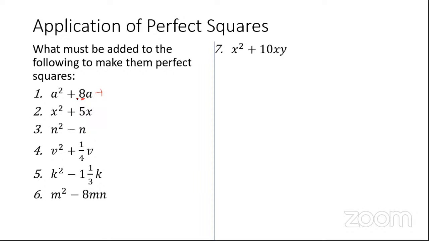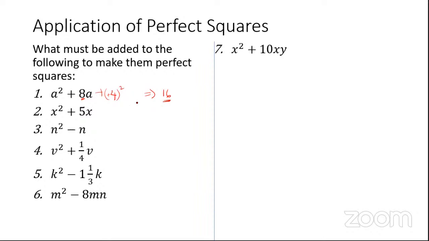Half of plus 8 is plus 4. Square plus 4, that is 4 squared, and that will give us 16. So it is 16 that must be added to a squared plus 8a to make it a perfect square.